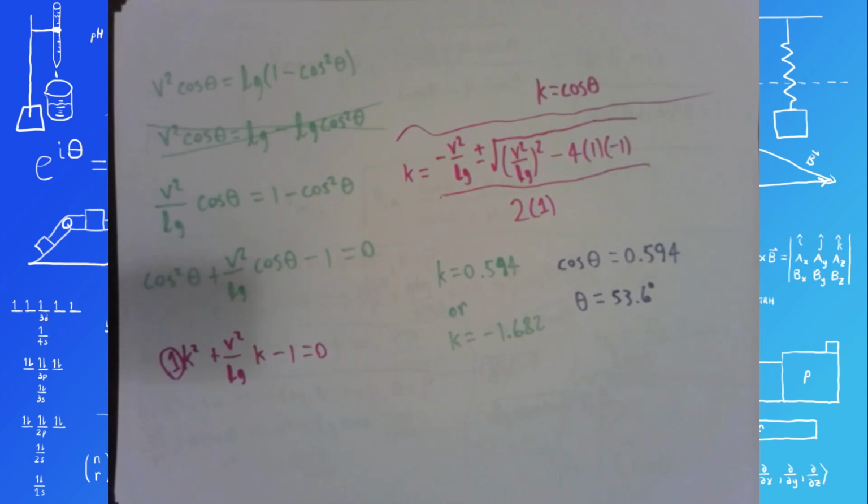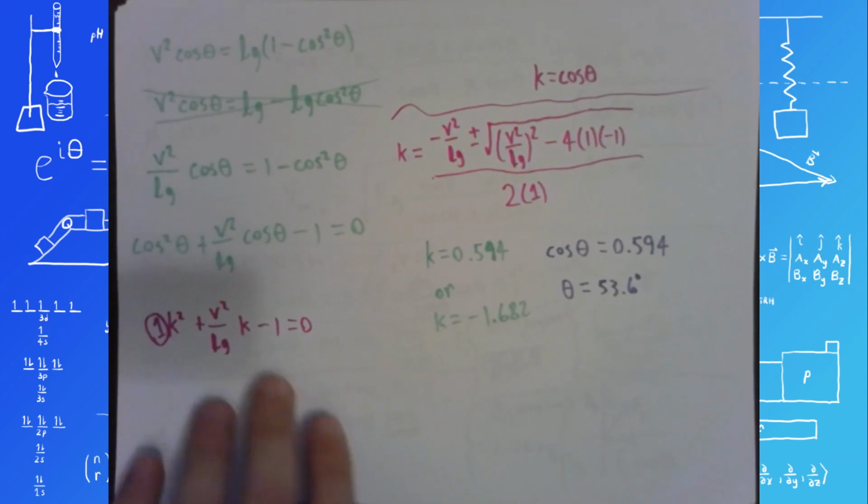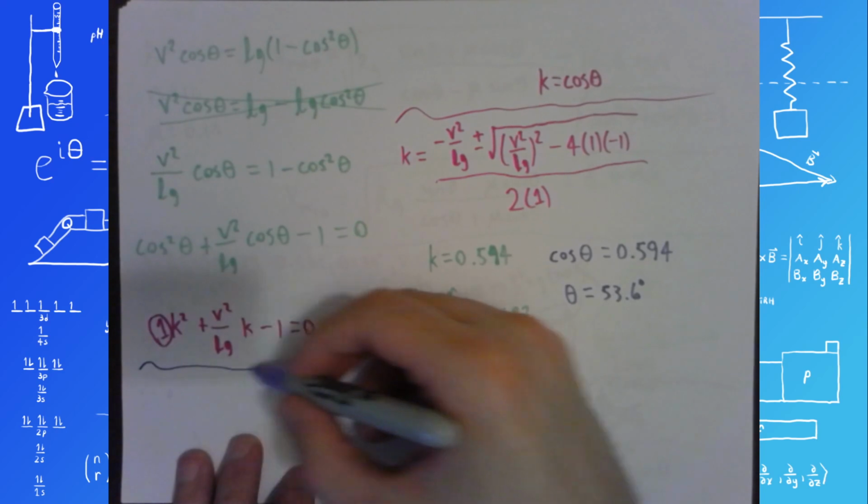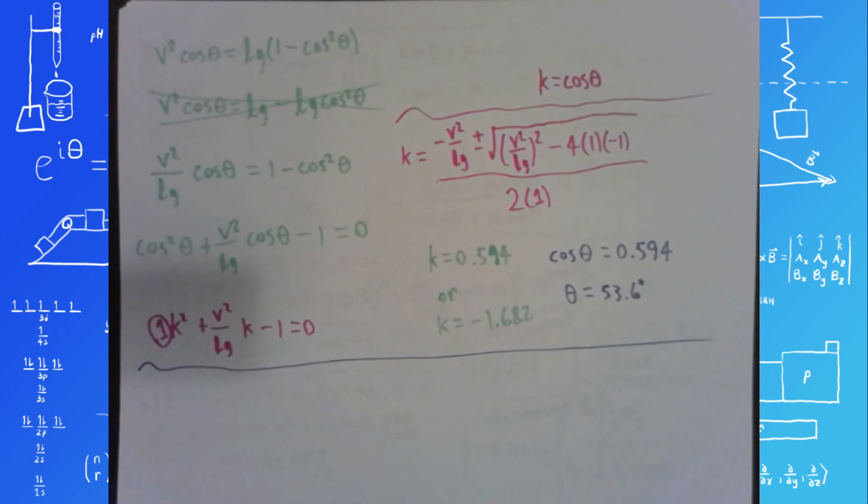Anyway, part C says if the cord can withstand a maximum tension of 9.8 newtons, what is the highest speed at which the ball can move? So this time they are asking for v given that the force of tension is 9.8.